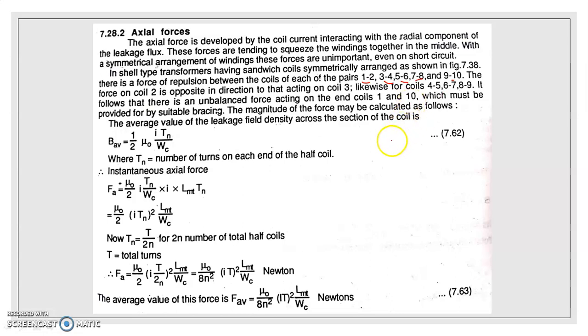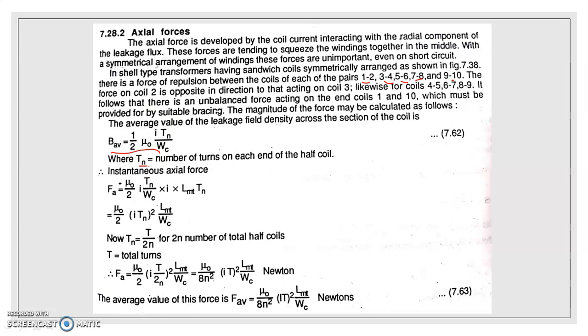Same as earlier in radial forces, we can find the average flux density for axial forces. So B_AV is equal to 1 by 2 mu 0 I into Tn upon Wc, where Tn is the number of turns on each end of the half coil.